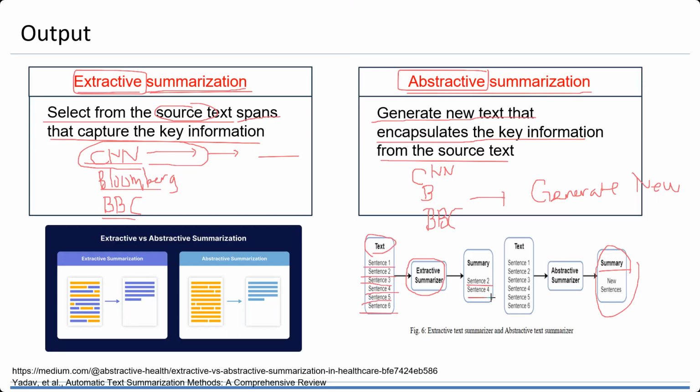For the abstractive, we have the same sentences 1 to 6, and using the abstractive summarizer, we will create a new sentence. So the new sentence is something new. There is no reference for this sentence.